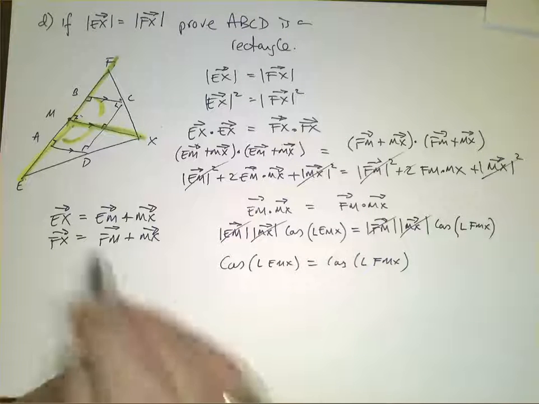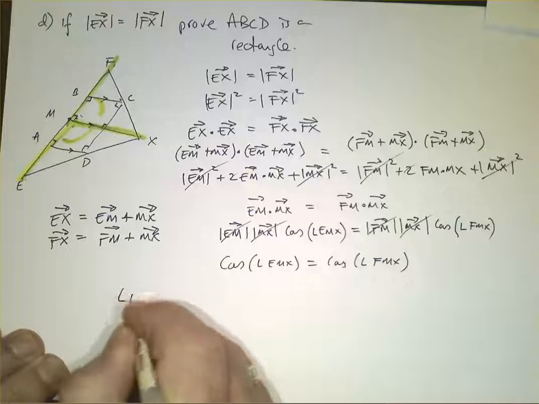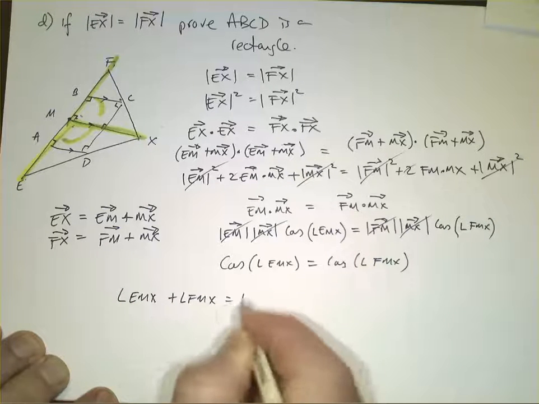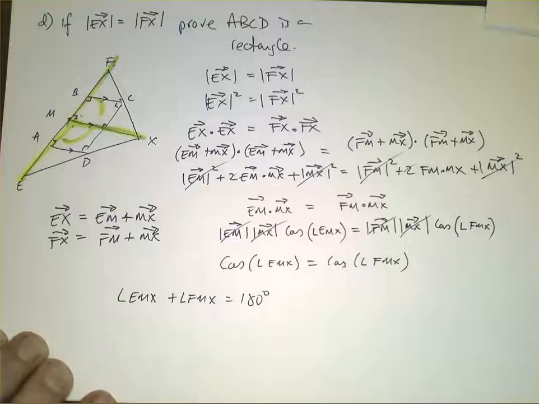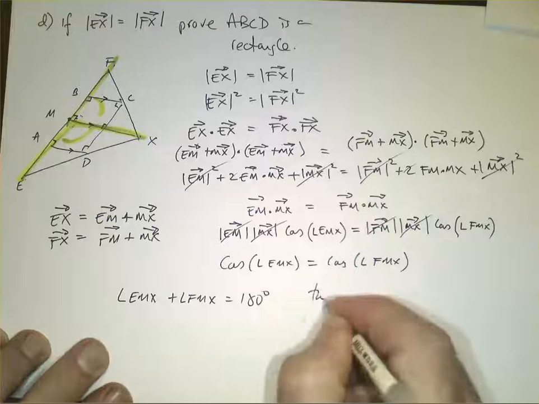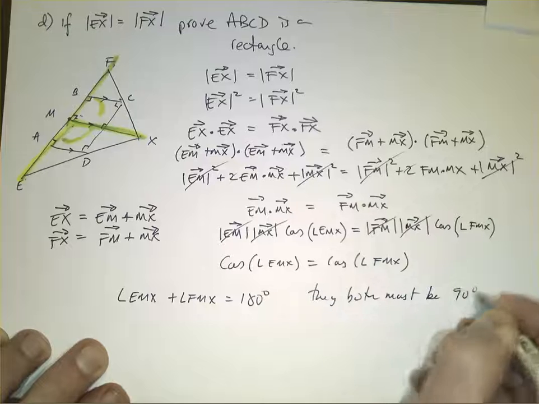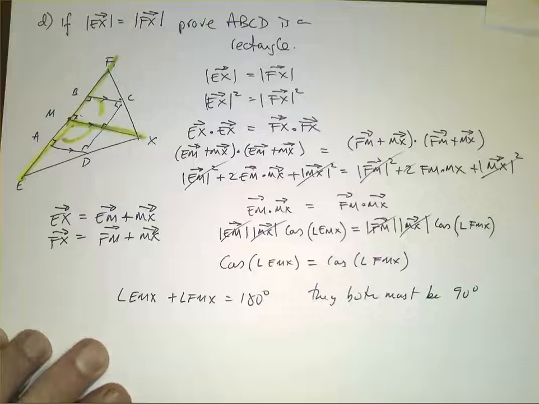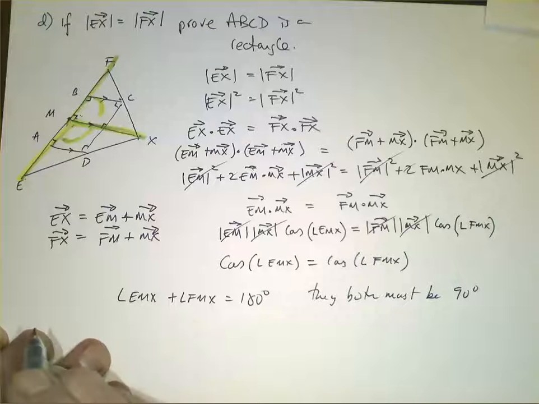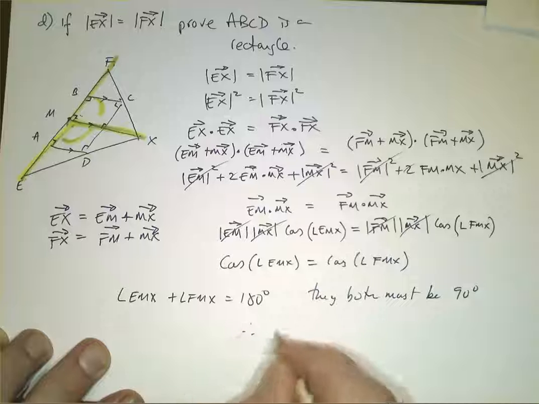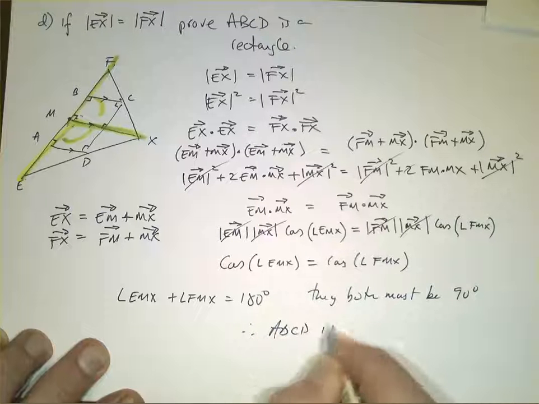So, since the two angles added together equal 180 degrees because they form a straight line, they both must be 90 degrees. Because if one of them was less than 90, that would make the cosine of the other one negative because it would be an obtuse angle. So since these are right angles, therefore ABCD is a rectangle.